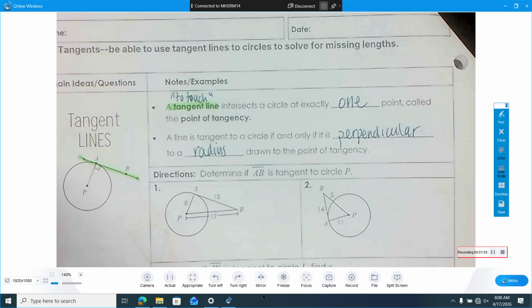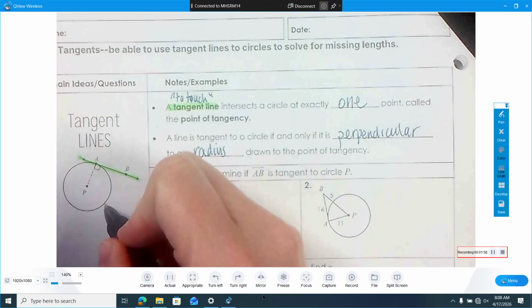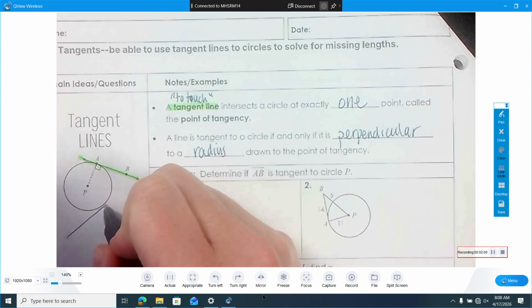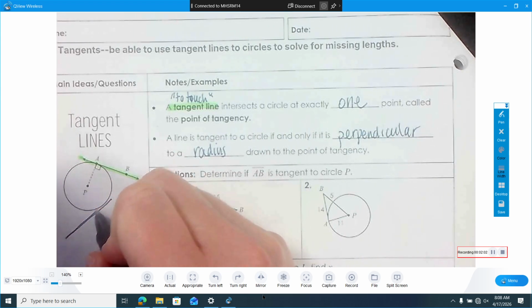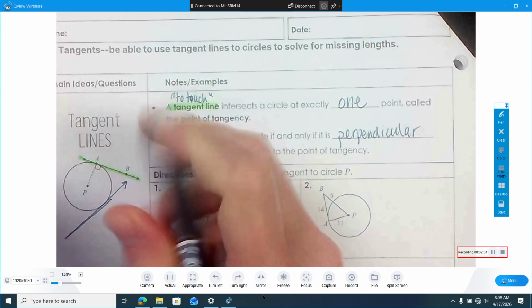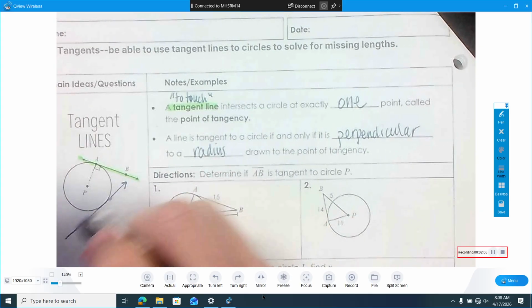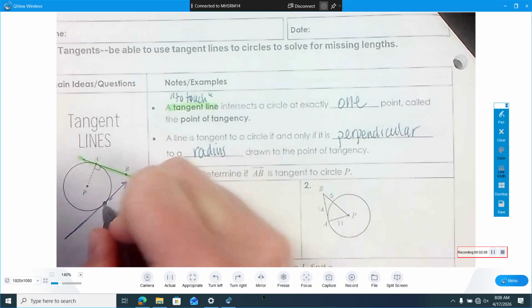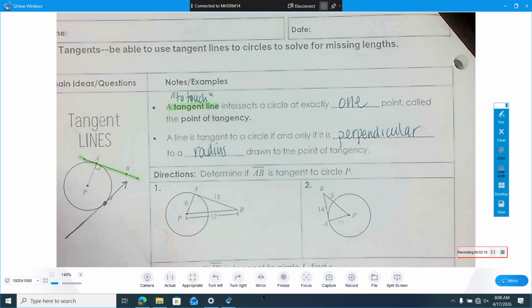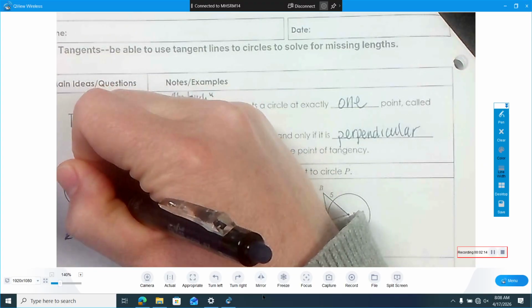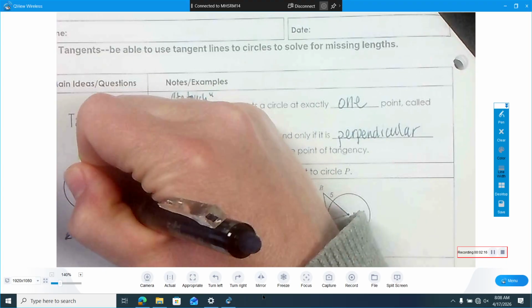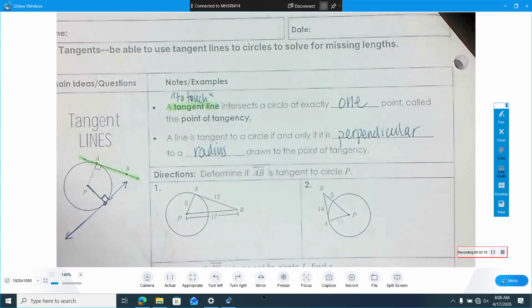Anytime you draw a tangent line, a line that just touches your circle at one single point, I can draw a radius to it, and that radius will always be perpendicular to that line.